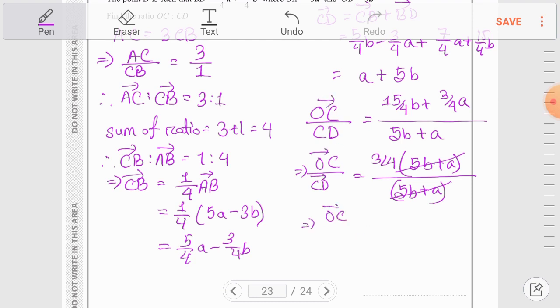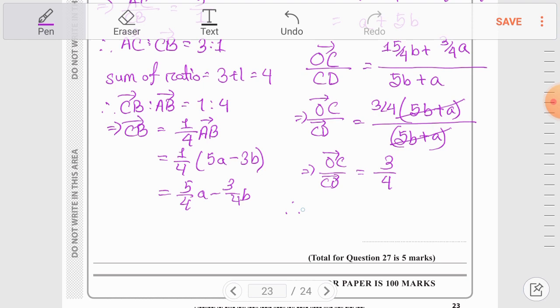OC divided by CD is 3/4, and we can write the ratio of OC to CD as 3 is to 4. So we need to write it down in the space given below: OC is to CD equals 3 is to 4.